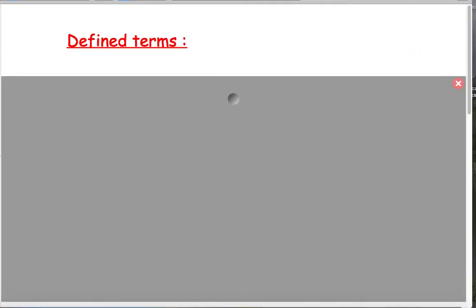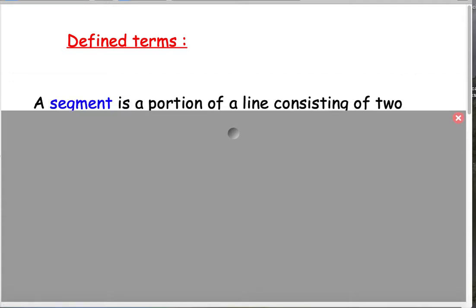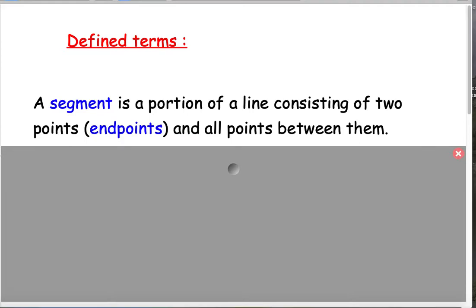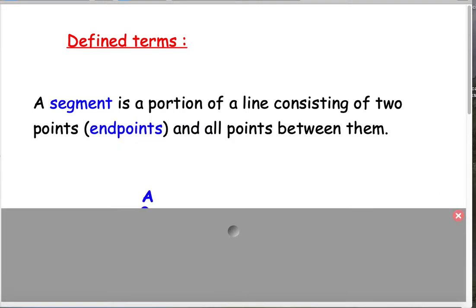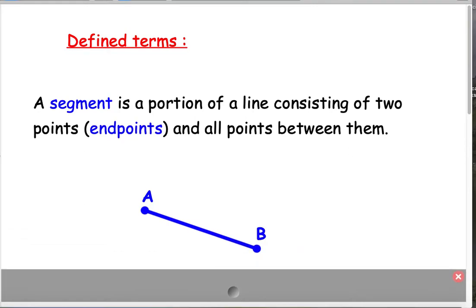Now we have some defined terms that we can deal with. We have a segment, and a segment is part of a line. It's a portion of a line consisting of 2 points, which we call the endpoints, and then all the points that are between them. So here's an example of a segment.